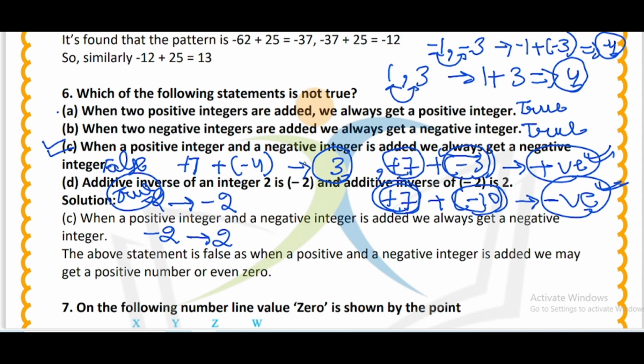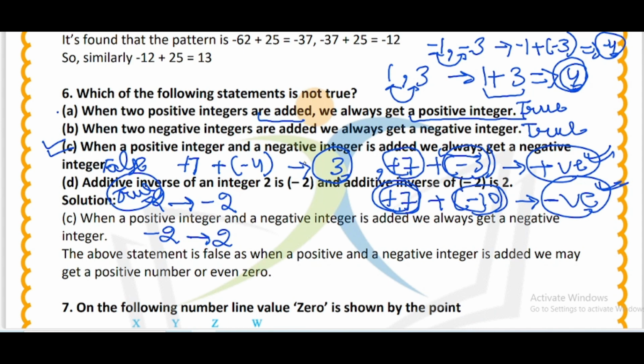Let's see what is given. When two positive integers are added, we always get a positive integer. That is true. The two positive integers, we assume, are 1 and 3. When we add two positive integers, then we also get a positive integer. Then the statement is true.